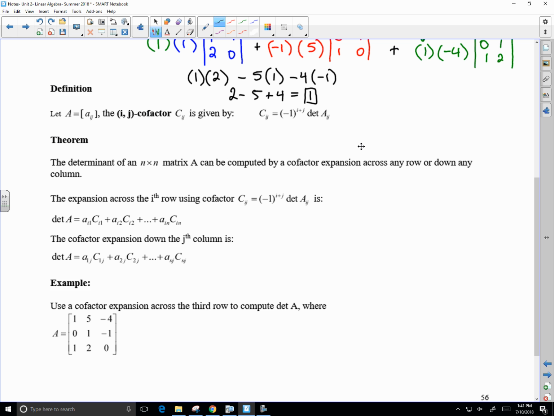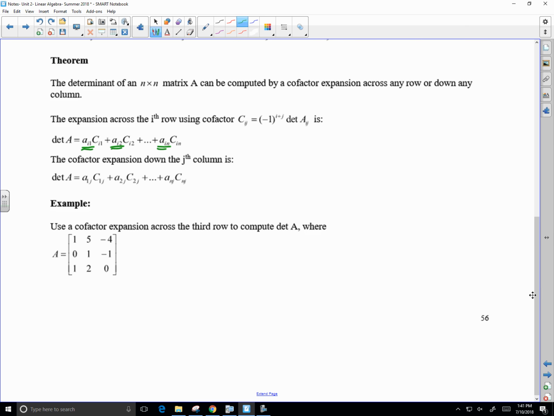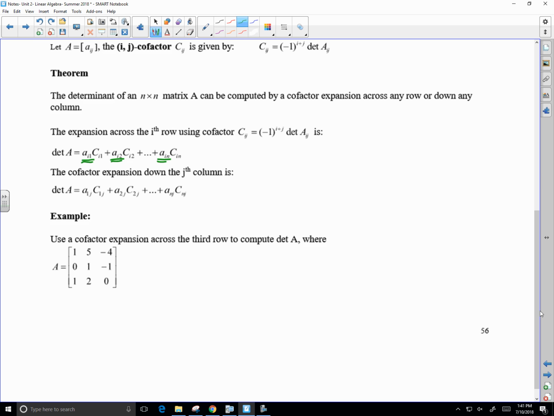This part here is really just elaborating on the idea that you do have to multiply by whatever the entry is in that row or column. So what we did above was limiting us just to the first row. This is saying that we're not just limited to the first row. So we're doing the third row. So we're assuming i equals 3. So it's a constant, i equals 3.